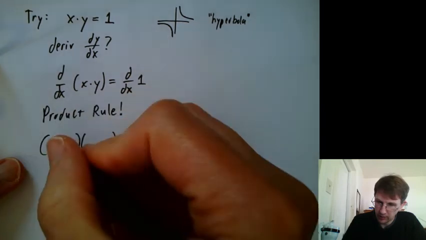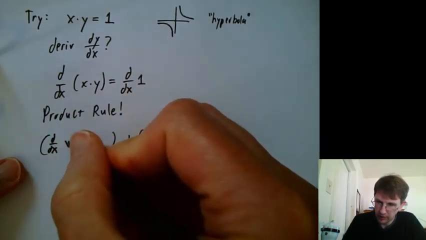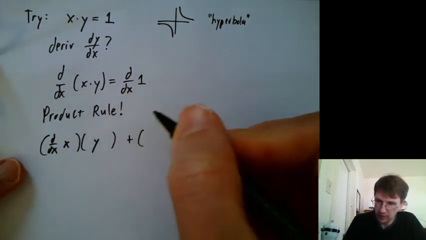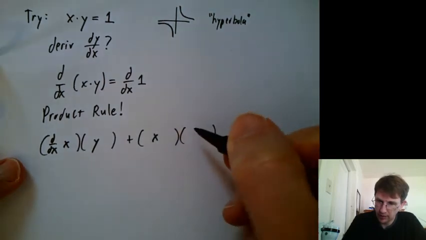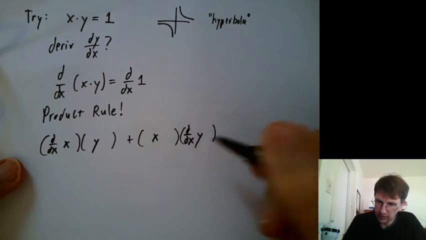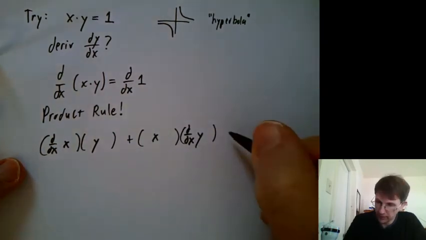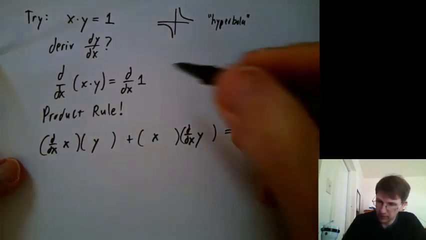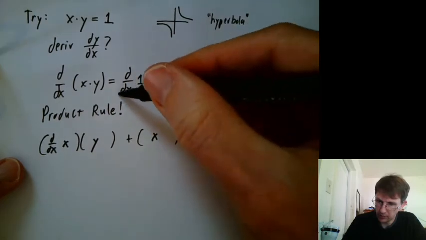So we'll say derivative with respect to x of x times y, and then just plain x here, and then the derivative with respect to x of y equals 0, so that part is just 0.